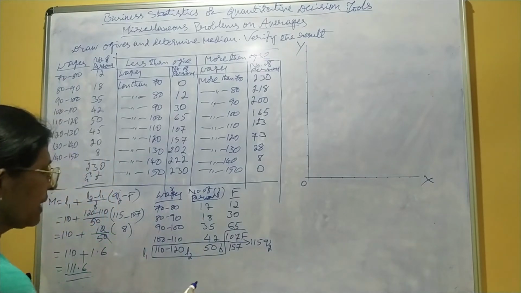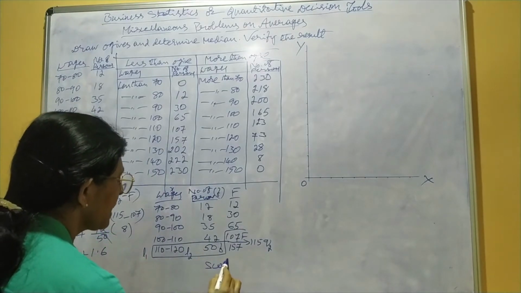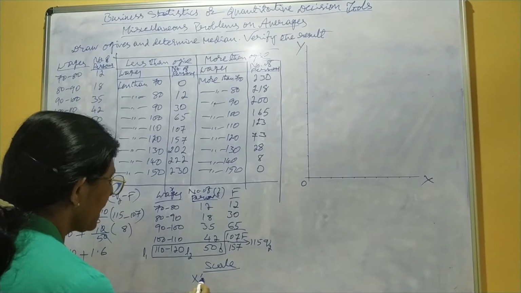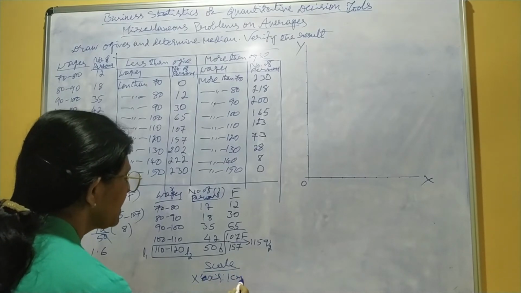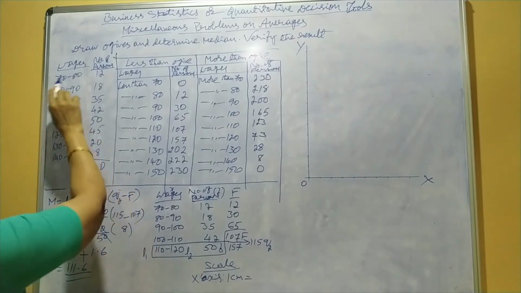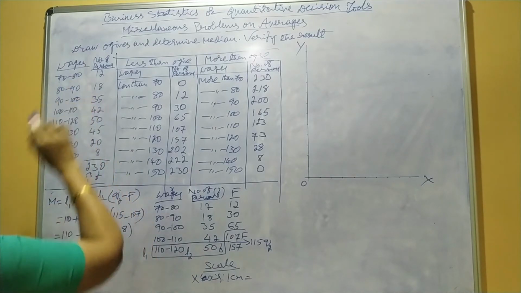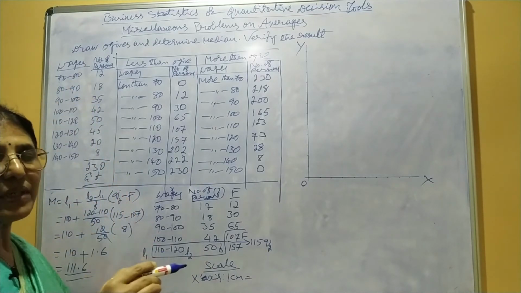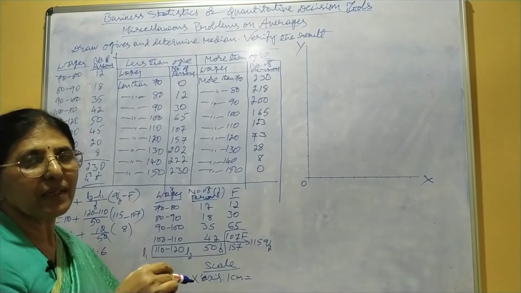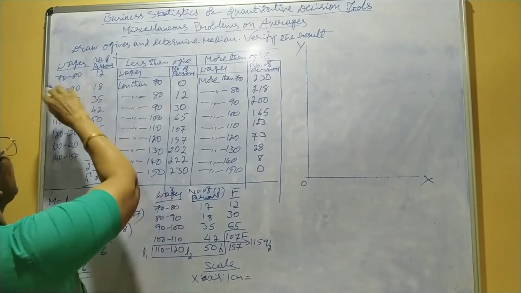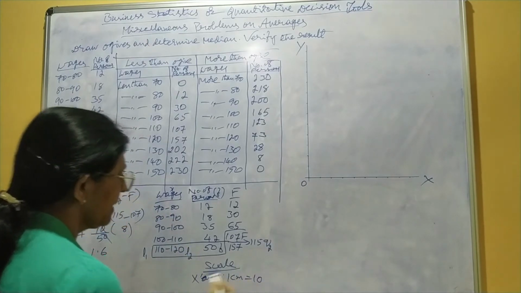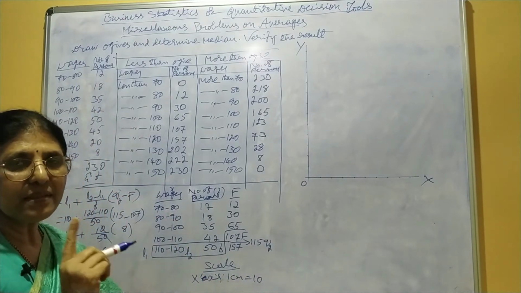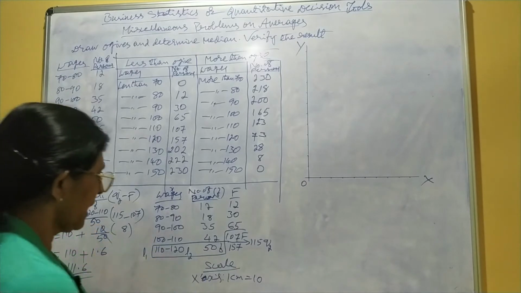Scale for the x-axis: 1 centimeter equals what is the class interval? 70 to 80, 80 to 90. Class interval equals upper limit minus lower limit, that is 80 minus 70 or 90 minus 80. Class interval is 10. Therefore, x-axis 1 centimeter equals 10.